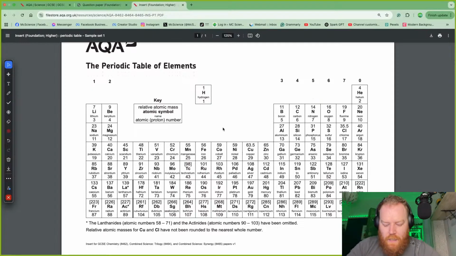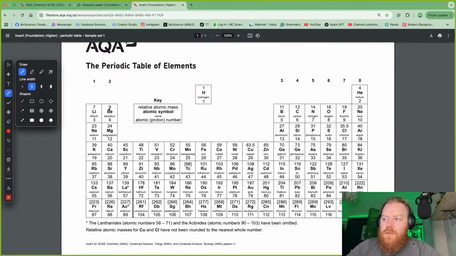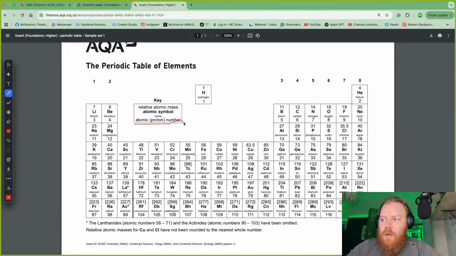Now, the AQA is exactly the same as the Edexcel, and one of the first questions I always get before any student enters the exam is what number is the atomic number, and what number is the mass number, and this is the place to look. The atomic proton number on the key is at the bottom in this scenario, and the mass number is the top one.